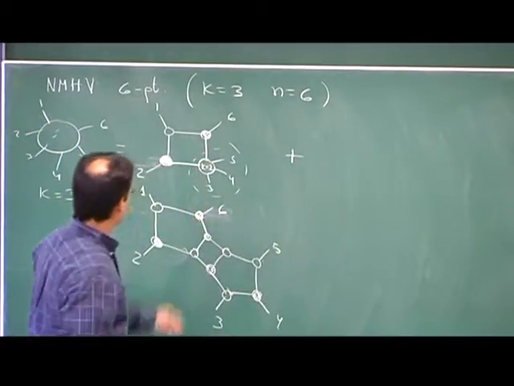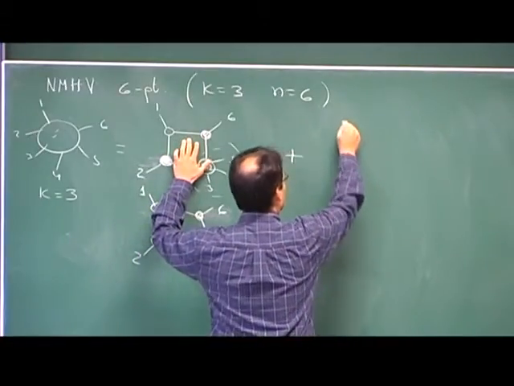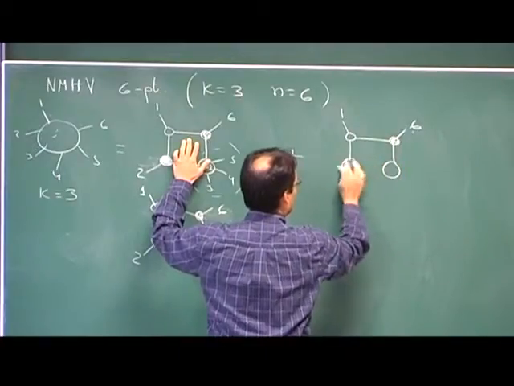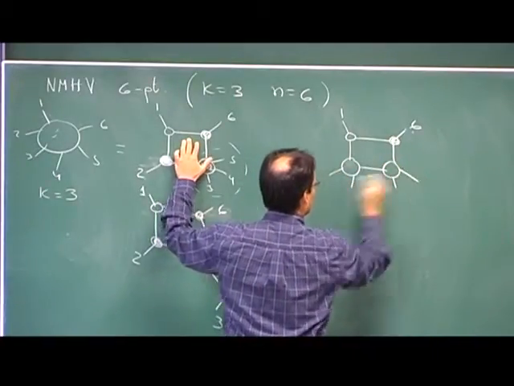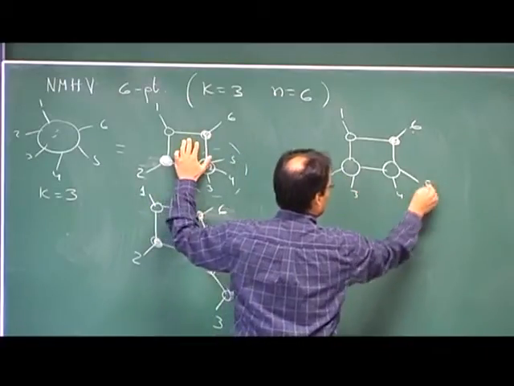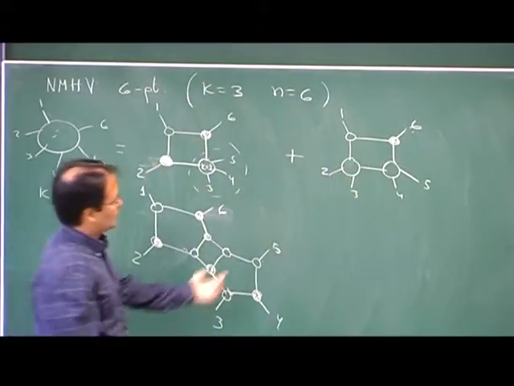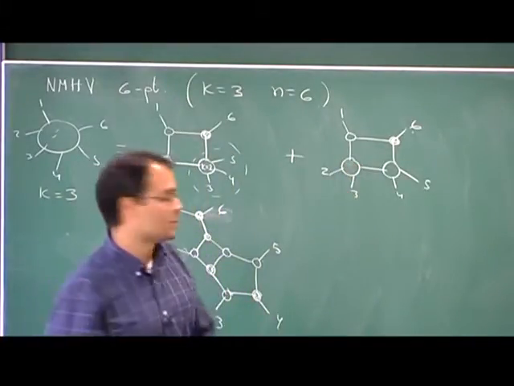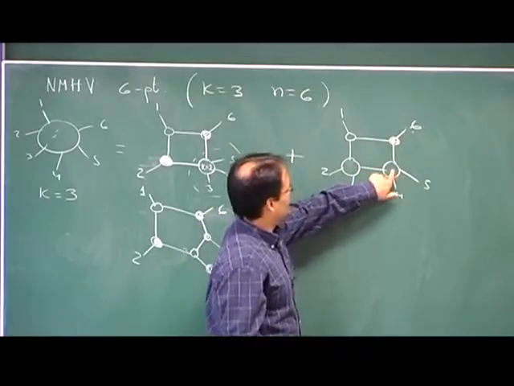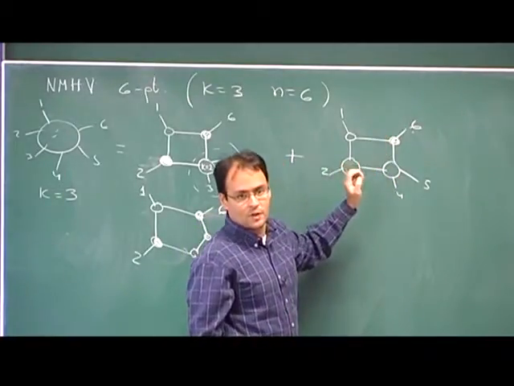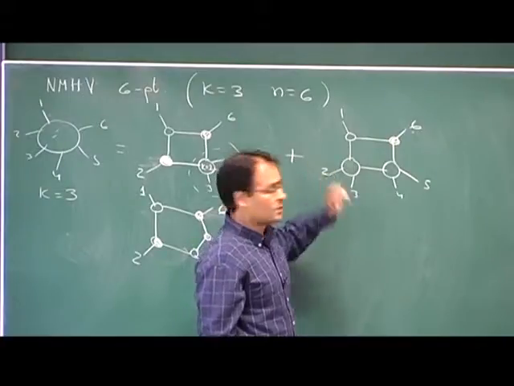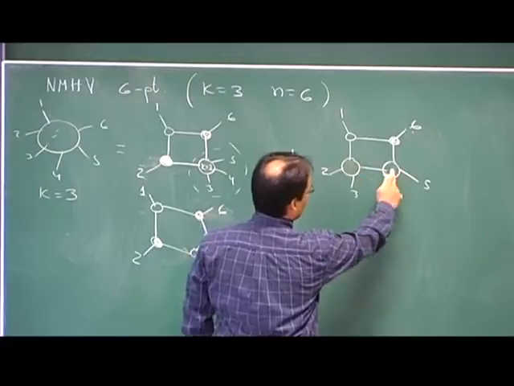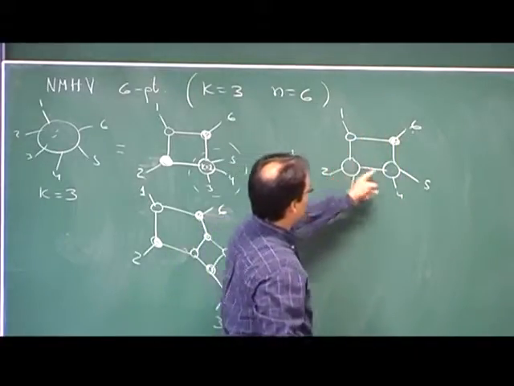What's the next term? Well, again, we repeat the game. 1, 6, 2, 3, 4, 5. Now we don't have many choices, right? Because we know that the only 4-particle amplitude that doesn't vanish has K equals 2. So either these guys with K equals 2 give me something that is K equals 3, or it doesn't contribute. So let's check. So this is K equals 2, so that would be 2, 4, 6, 7, minus 4 is 3.